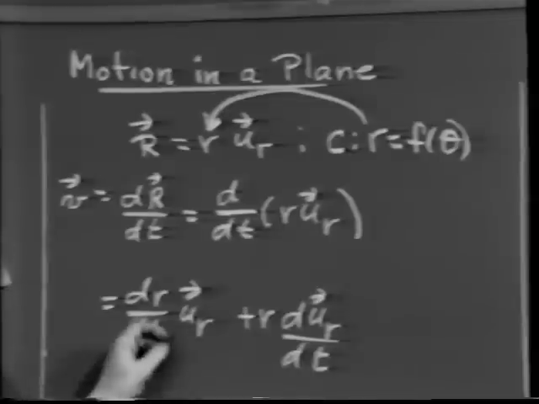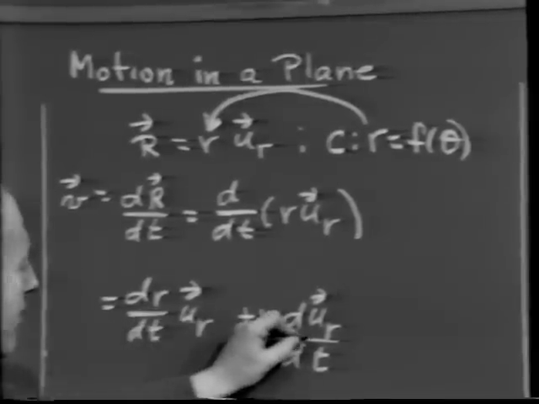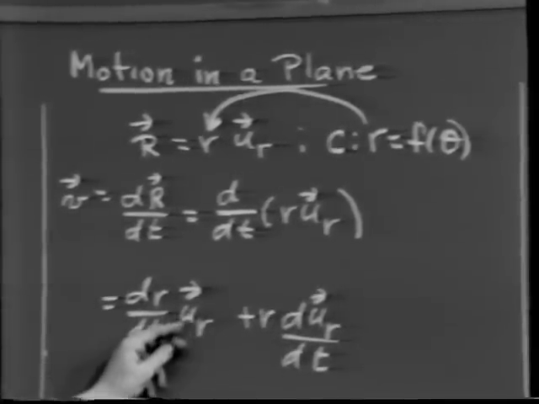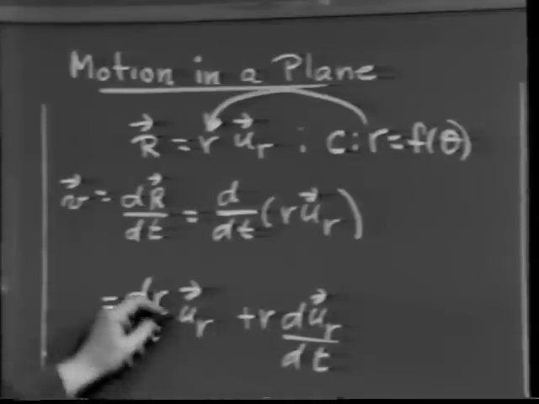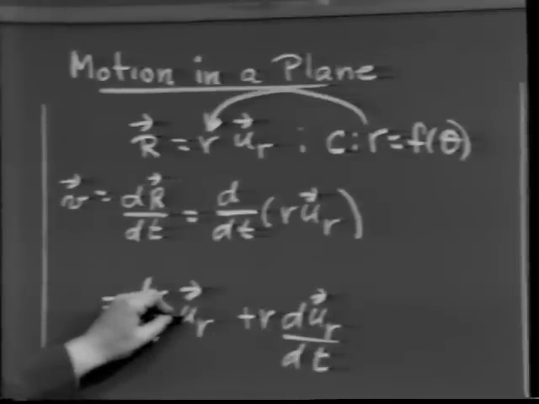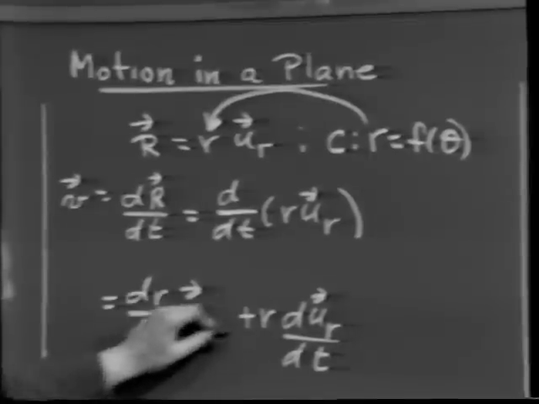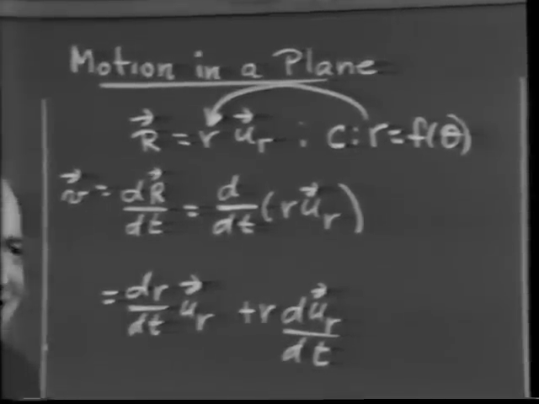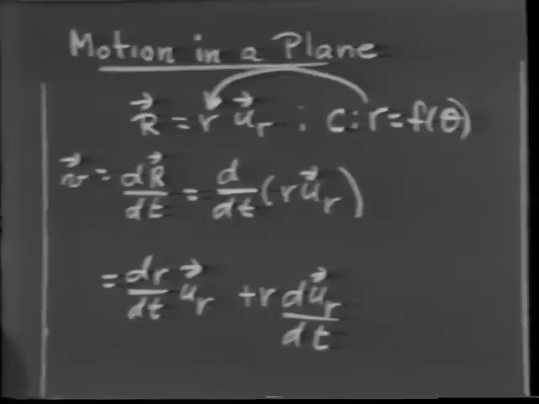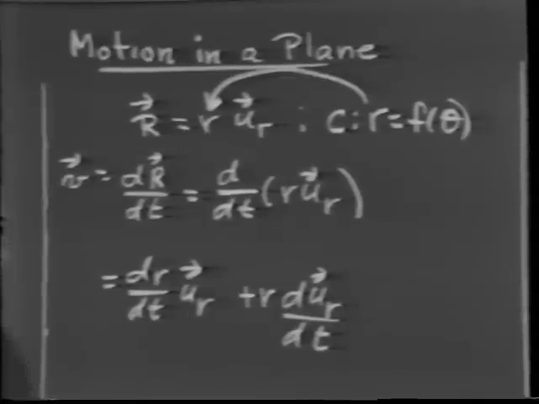Now keep in mind, again, there is nothing wrong with this recipe, but what I would like is to have the velocity expressed in u sub r and u sub theta components. So far I have it expressed in terms of a u sub r component and a du sub r/dt component. But now here again is why the chain rule is so important.